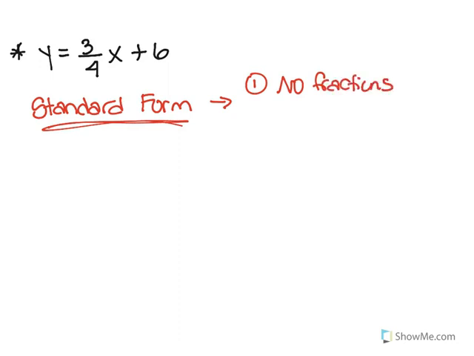Standard form doesn't have fractions in it, not in the original format. Second thing, your x can't be negative. When you move it, the x can't be negative. Okay? Your x can't be negative.